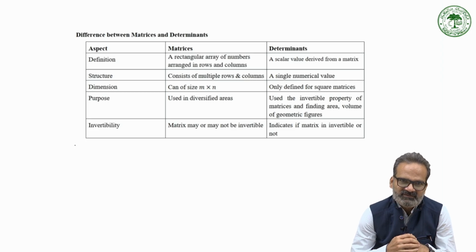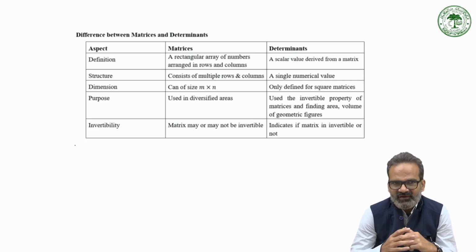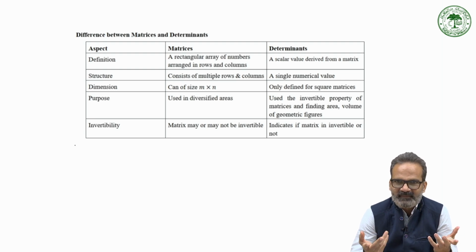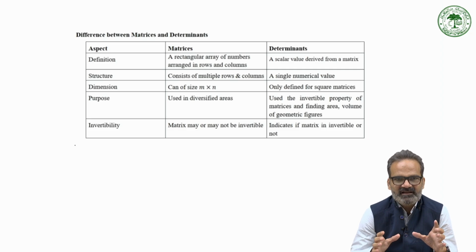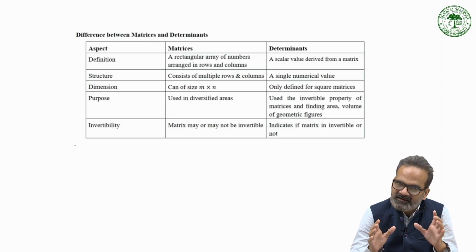Aspect 1 is what? Definition. As far as the definition of matrices is concerned, matrices may be rectangular or they may be square. In case of determinant, determinant is always a scalar value. A scalar value means the value of a determinant is always a number.